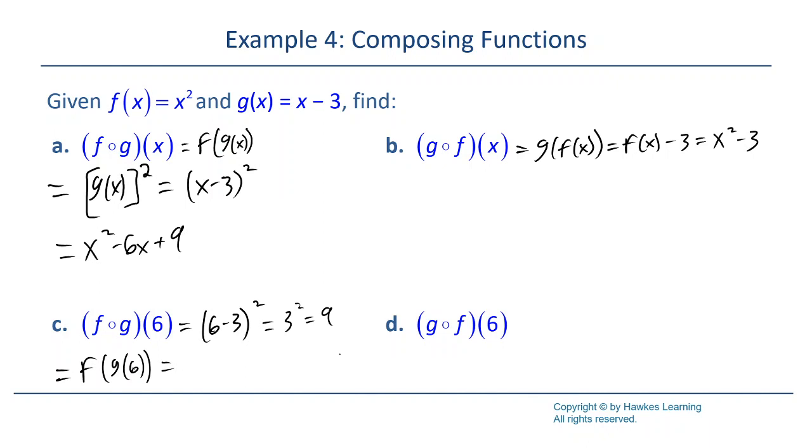Well, g of 6 is equal to 6 minus 3, which then gives you f of 3, which would then give you 3 squared, which is 9. So that's another way to go about it.